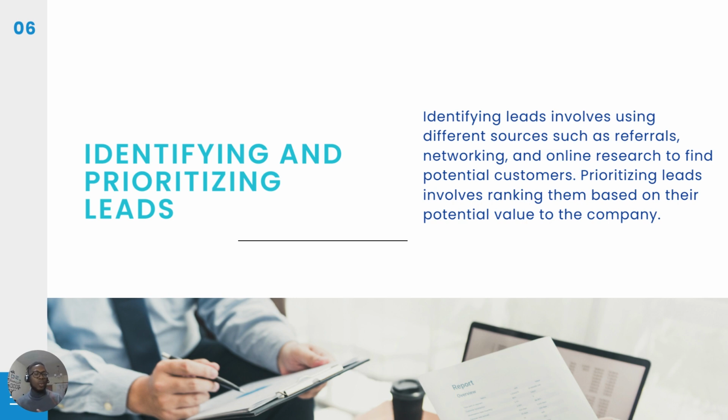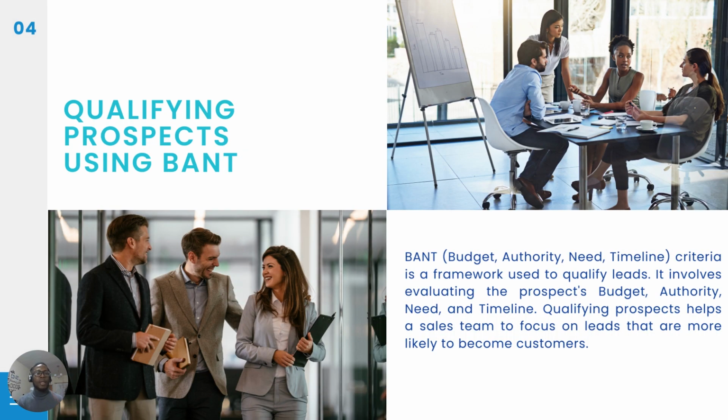We'll explore how your ICP and the buyer's persona fit into identifying those leads. Then once those leads start to come in, we start to prioritize them. But how do we prioritize them in a scientific way to ensure that we have the best leads coming into our pipeline and being focused on?